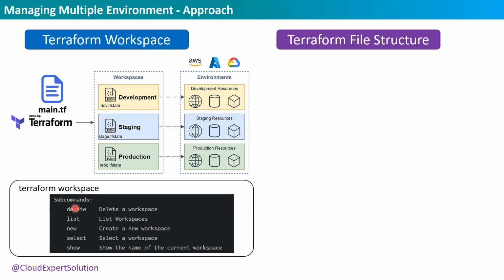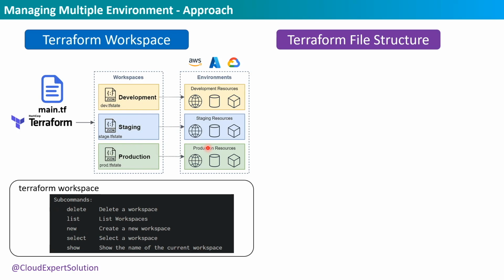While using the Terraform workspace approach, Terraform recommends that you use one workspace for each environment. For the development environment, there should be one workspace. For staging, there should be one. For production, there should be one.